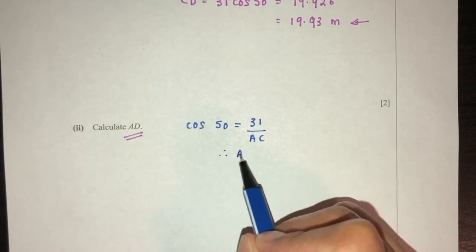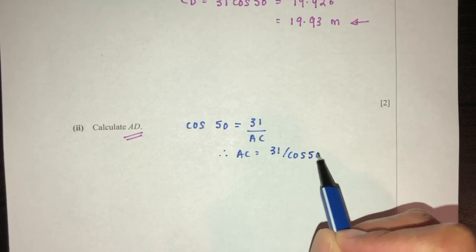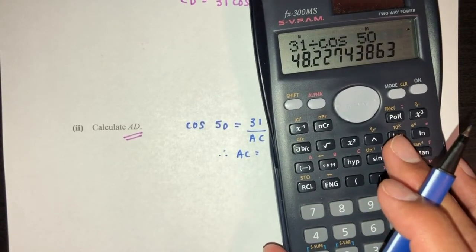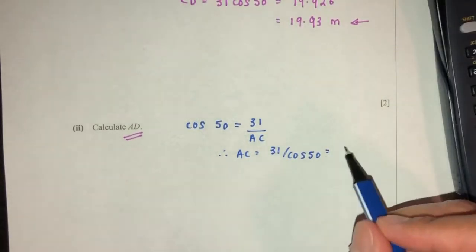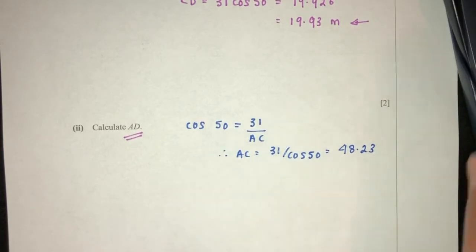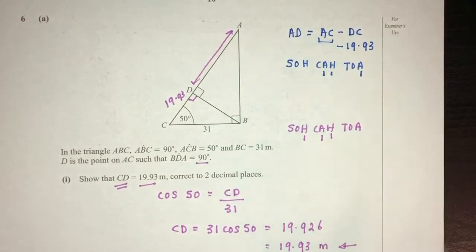From this you will have AC is equal to 31 divided by cos of 50. That will be 48.223.